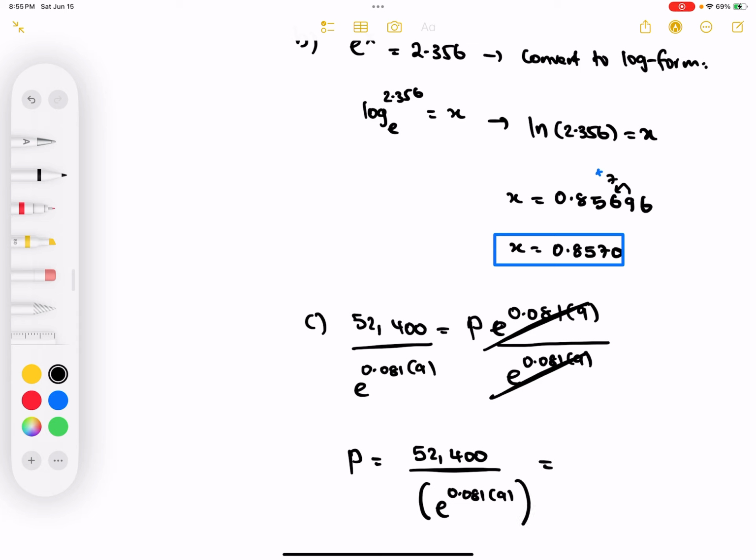So using the e to the power key, 0.081 times 9, then close the parenthesis, and the result is 25.